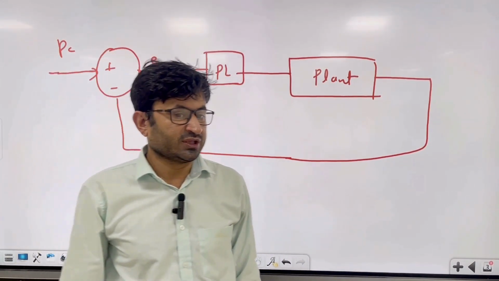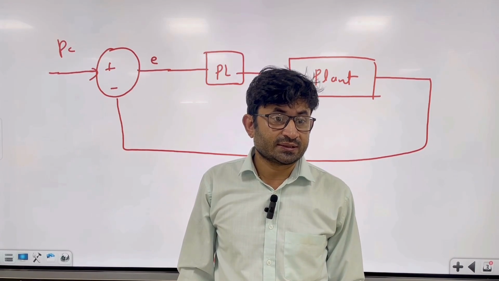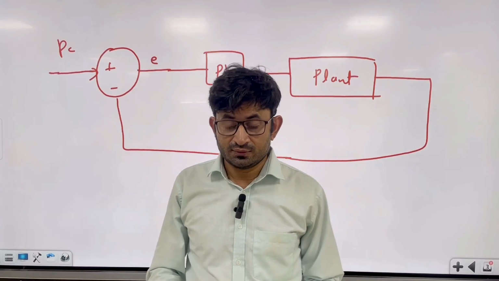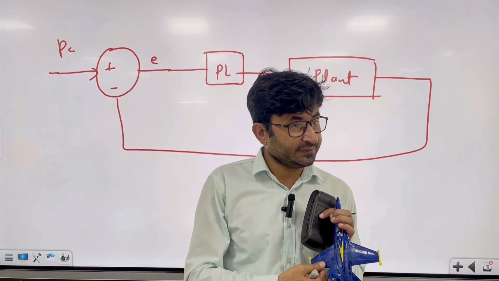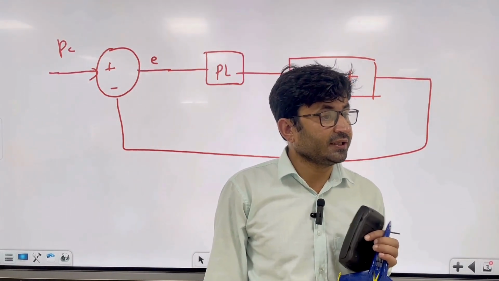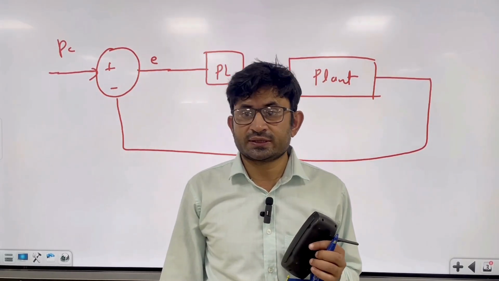In the roll rate case, the position limit can be plus minus 30 degrees for the aileron control surface, and the rate limit can be 10 degrees per second. The actuator dynamics you can model as first order or second order.